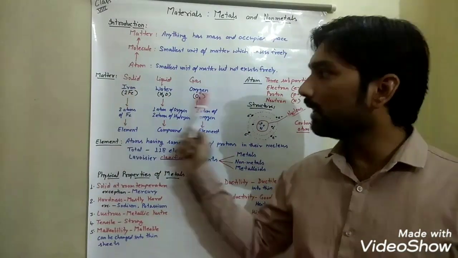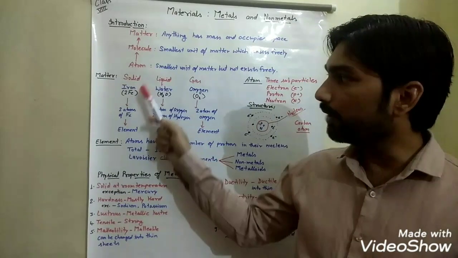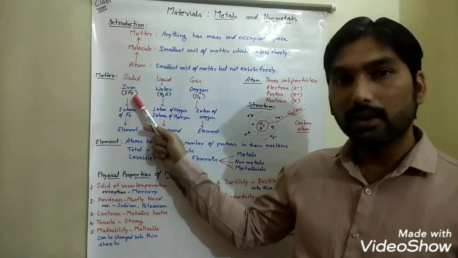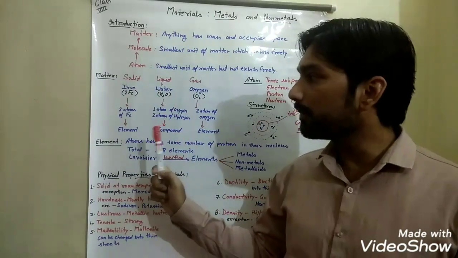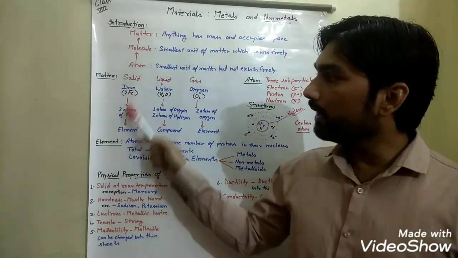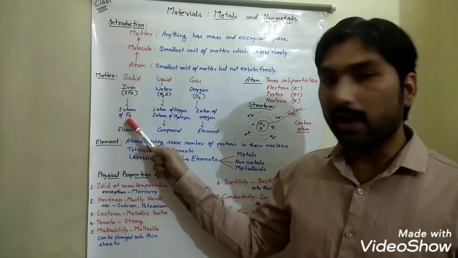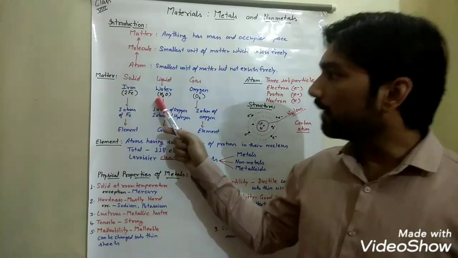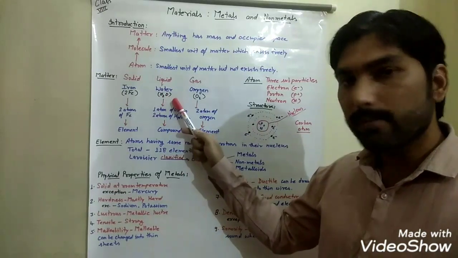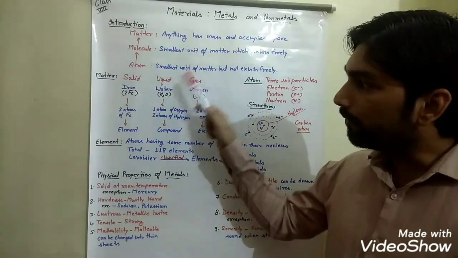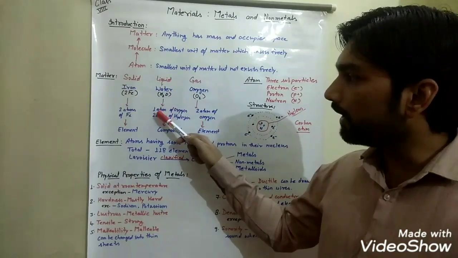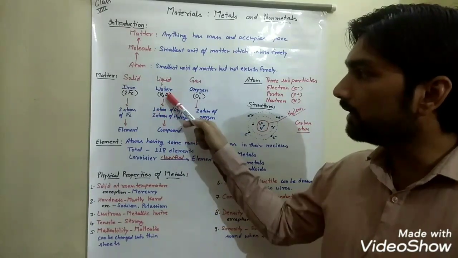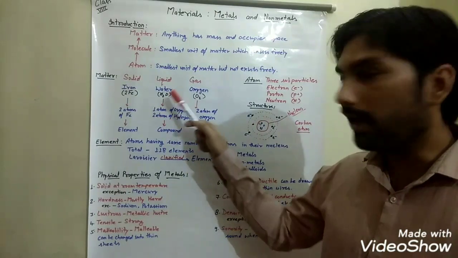These representations are molecules, because molecules are the combination of atoms, since atoms cannot exist freely. So 2Fe means two atoms of iron. H2O means one molecule of water contains one atom of oxygen and two atoms of hydrogen.